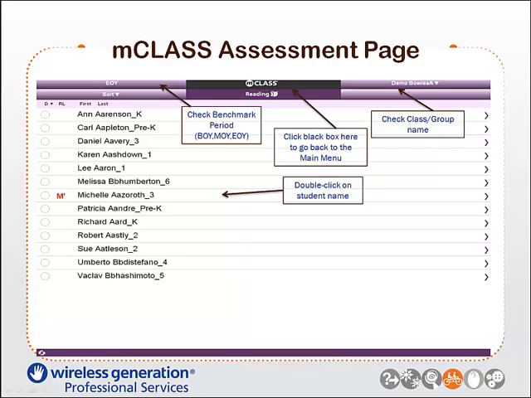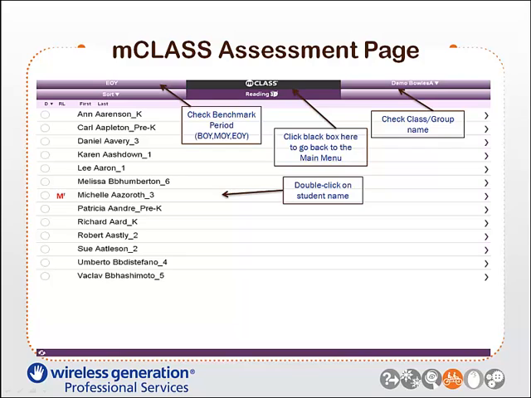On the top right you will see the class or group name that you selected. You just want to double check and make sure that you have selected the right group of students that you're going to assess. In the middle you will see that there is a black bar that says mCLASS. When you come back to the screen after doing assessments, you will click the black mCLASS bar at the top middle and it will take you back to the main menu where you can log out.